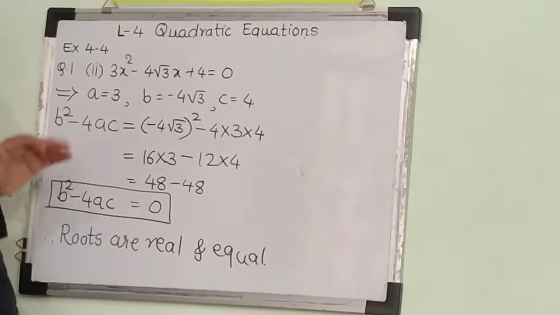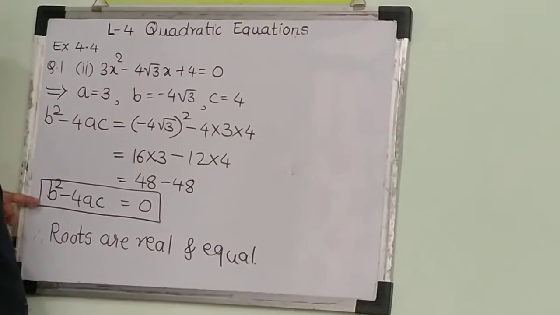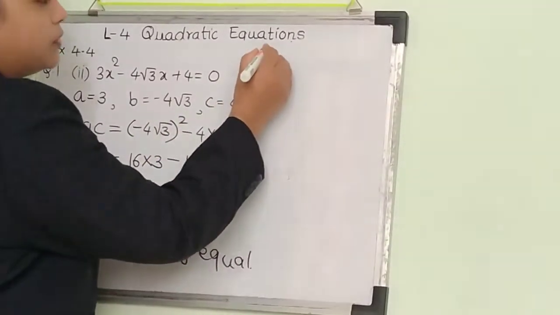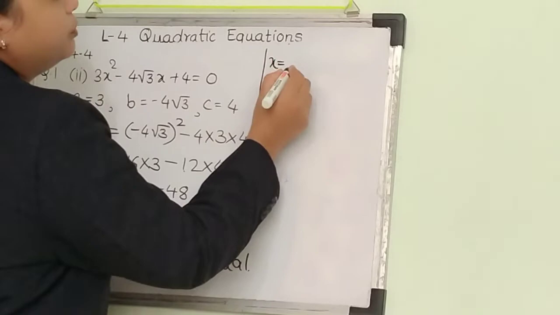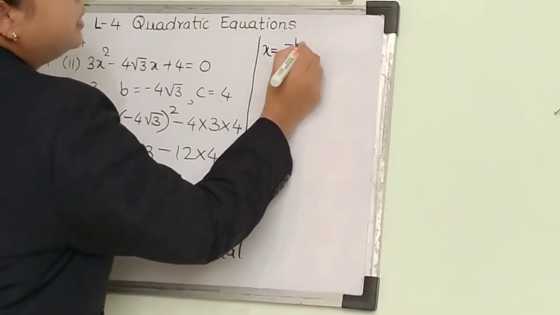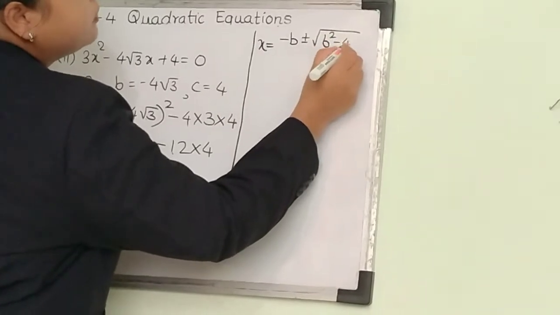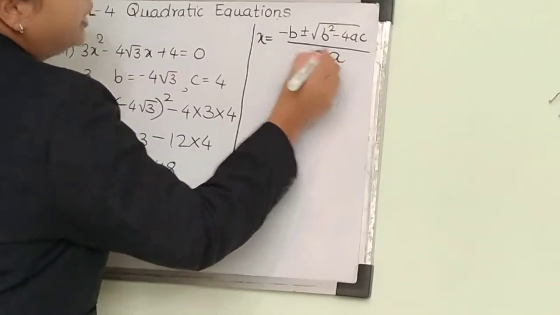So we have to solve this equation. Once we find the value of b square minus 4ac, we can use the formula method. So here x equals minus b plus or minus root of b square minus 4ac upon 2a.